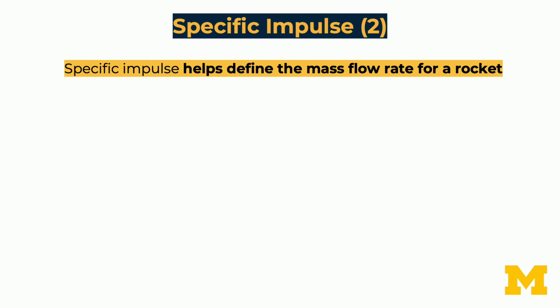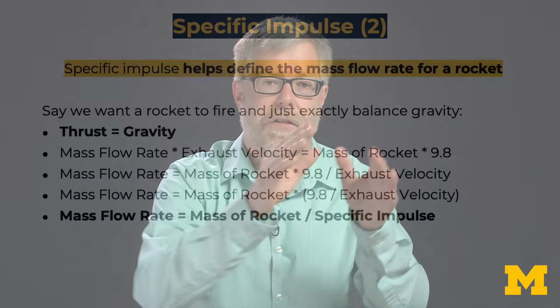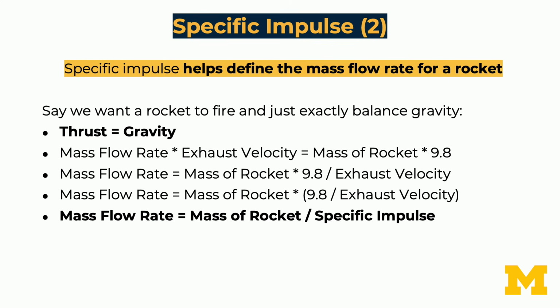The specific impulse helps define the mass flow rate for a rocket. Let's say that you have a rocket that's just sitting on the launch pad and you fire that rocket off, and all you want is for that rocket to just sit there and not move. Like it doesn't fall to the ground or rise up. Then at that point, you have thrust pointing up and you have gravity pointing down, right? And those things are in exact balance with each other.